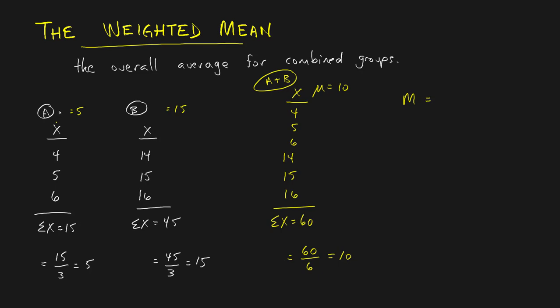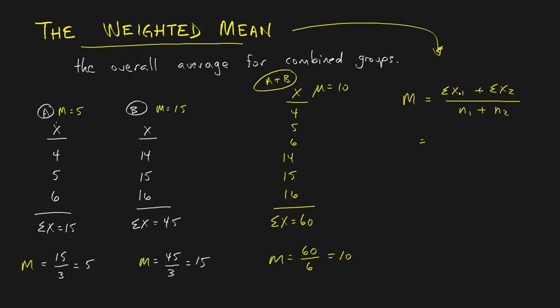Okay, so my sample mean. If I want my sample mean for the groups combined, I can use the weighted mean. The weighted mean has this formula. You take the sum of x for your first group, you add that to the sum of x for your second group, and then you divide that by your first group size plus your second group size.